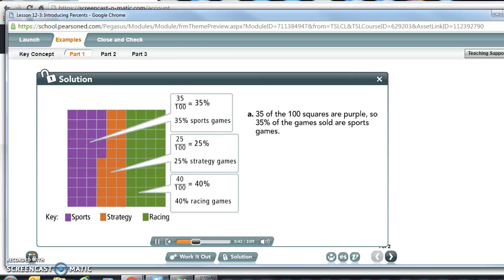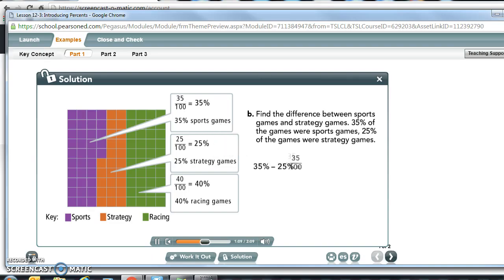Part A. 35 of the 100 squares are purple. So 35% of the games sold are sports games. Part B. Find the difference between sports games and strategy games. 35% of the games were sports games. 25% of the games were strategy games. 35% minus 25% equals 10%. 10% more sports games than strategy games were sold.